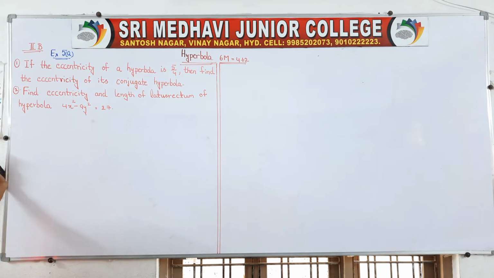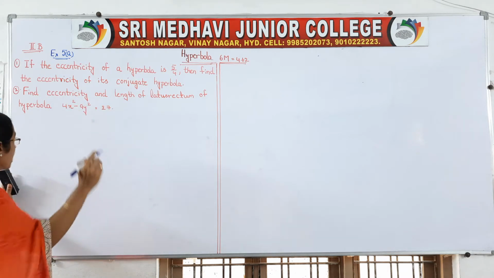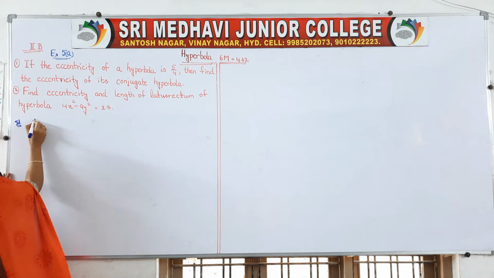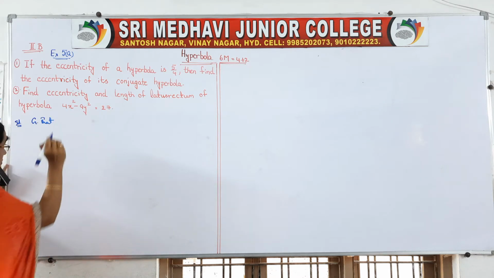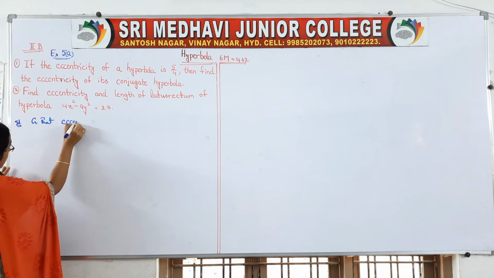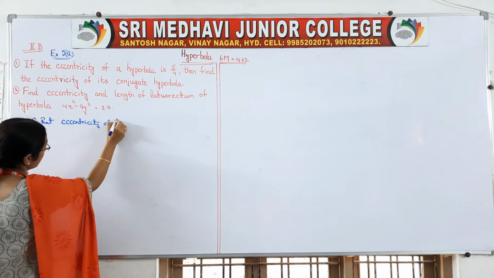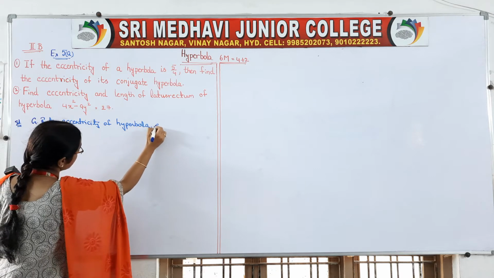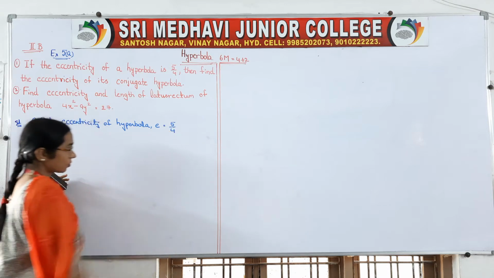Now the question. If the eccentricity of a hyperbola is 5/4, then find the eccentricity of its conjugate hyperbola. First, what is the given information? Given that the eccentricity of hyperbola, denoted by E, is 5/4.